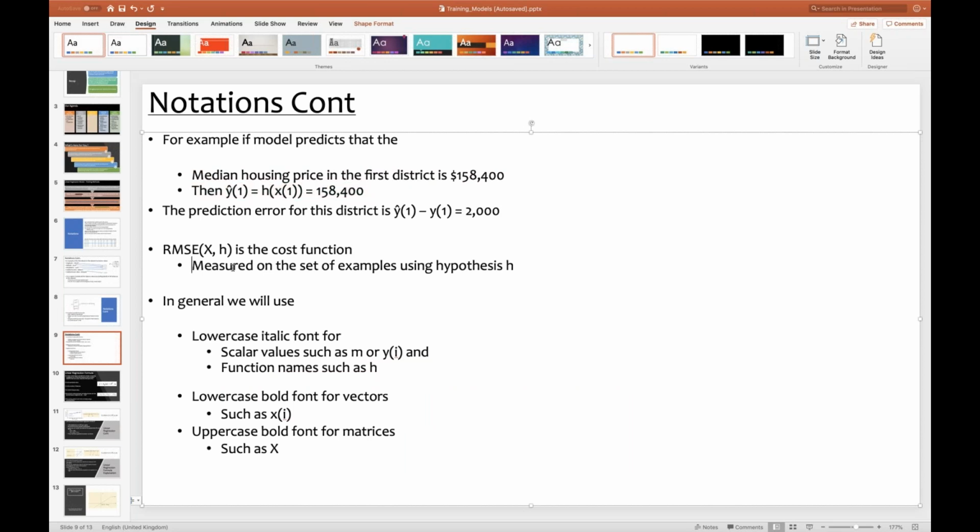Now, root mean square error is measured on a set of examples using hypothesis h. In your mathematics, when you were in school, a hypothesis is an assumption. A hypothesis is: if you give this value, you will get this output. Left hand side equals right hand side.